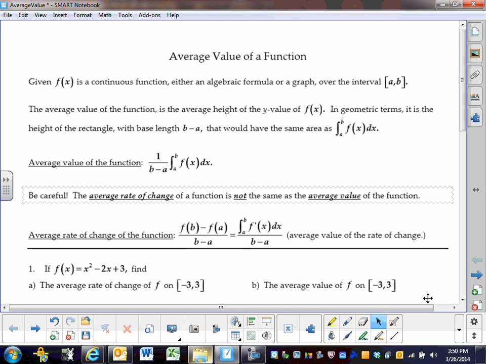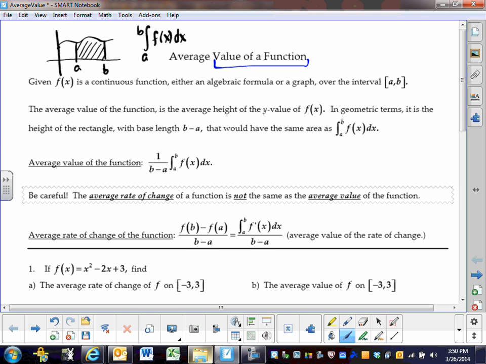Okay, so the average value of a function. Notice the wording is value of the function, not the same thing as the average rate of change of a function. So the idea of average value is that we will use an integral from a to b to add up all of the y values between a and b.